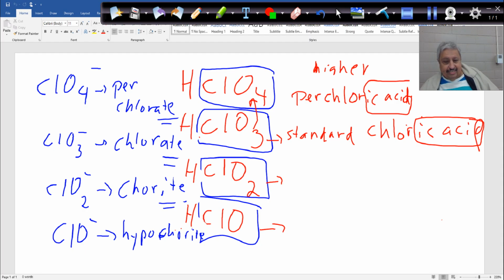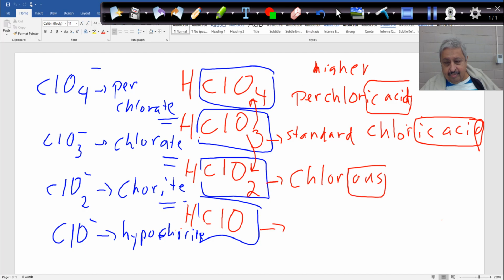So this one here is one oxygen less than the standard, so it will be given chlorous, OUS, chlorous acid. And this one here, less than the chlorous, will be hypochlorous acid.